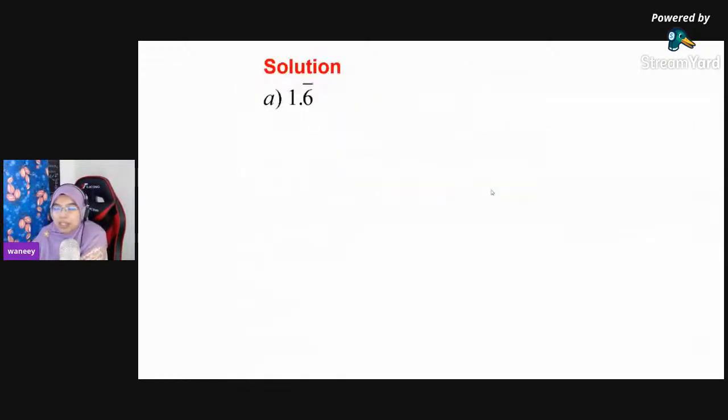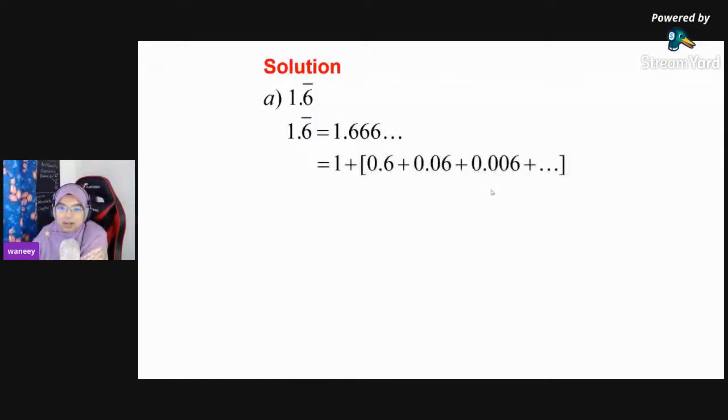Okay, so 1.6 with a bar. So I'll teach one example and then I'll let you guys do another one. Okay, so 1.6 with a bar. So that is actually 1.666 ... Okay, so 1 is actually 1.